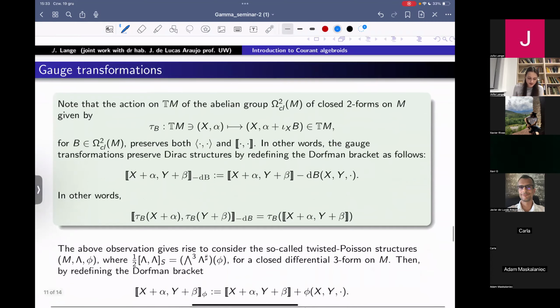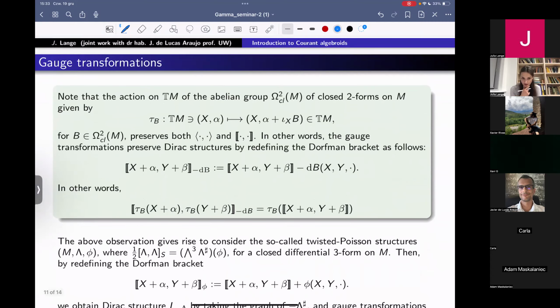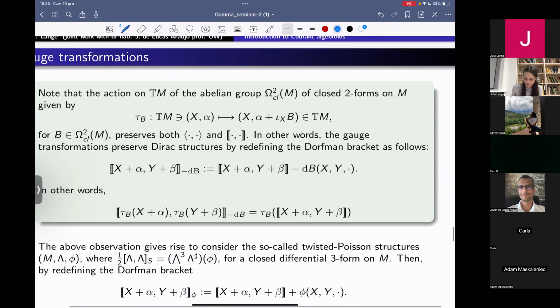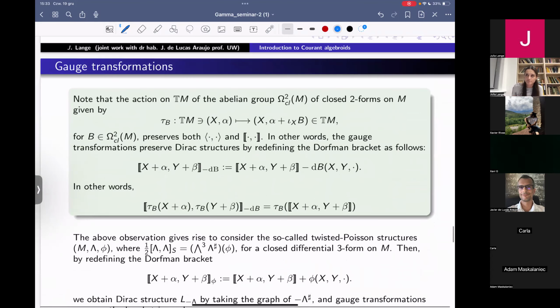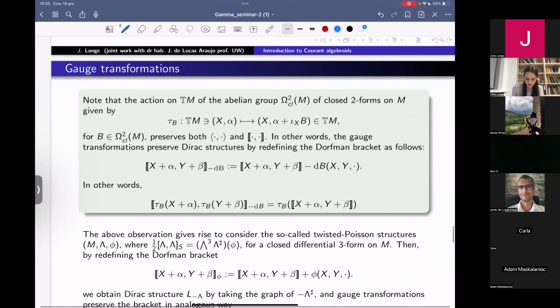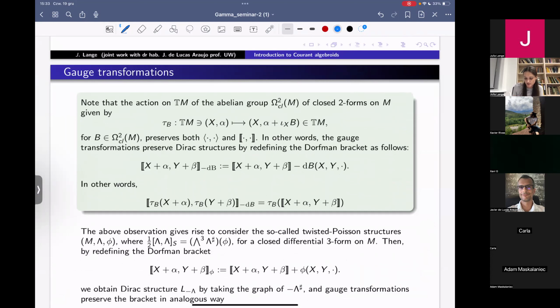Now I would like to talk a little bit about gauge transformations, because they actually give some notions to generalize our considerations of Poisson structures to almost Poisson structures. In particular, the structures which I work on currently, which are called twisted Poisson structures.